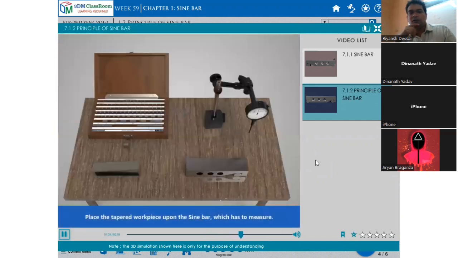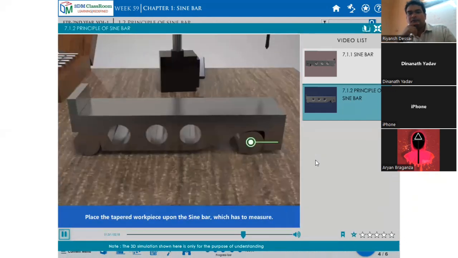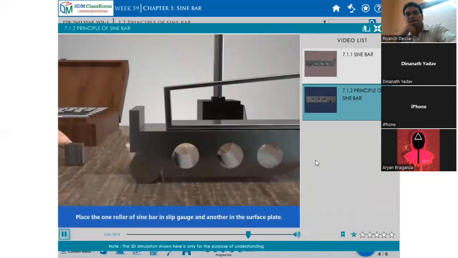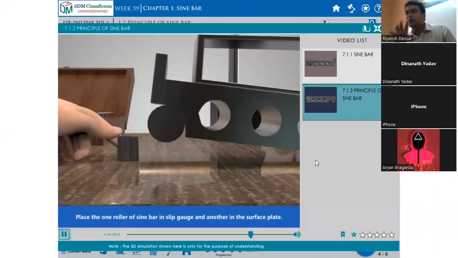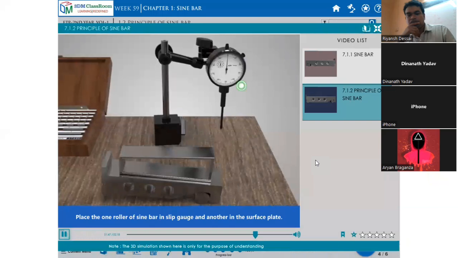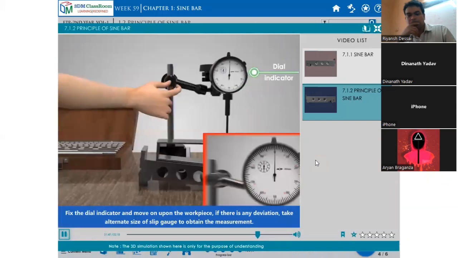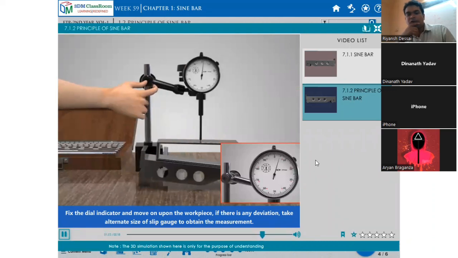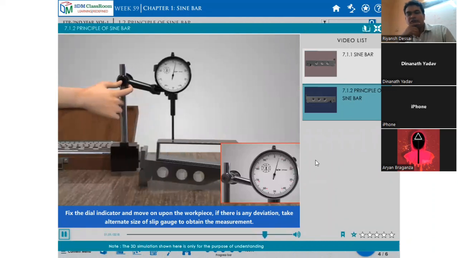Okay, assured. Now what? This is a sine bar. Now this is a taper component here. You find its angle. This setting is very important. We should not have deflection.